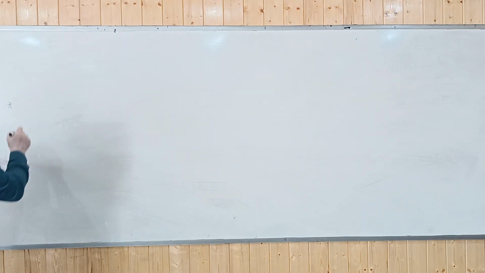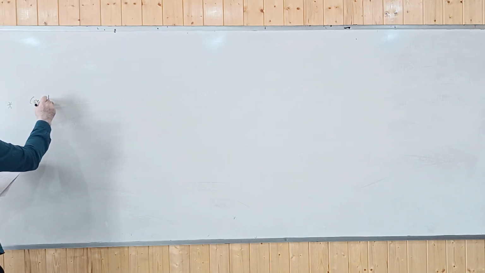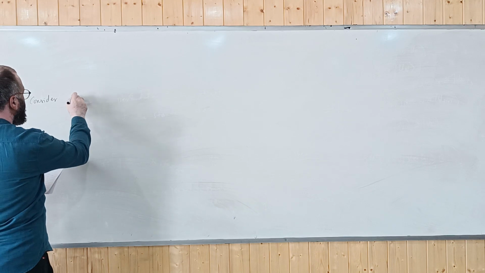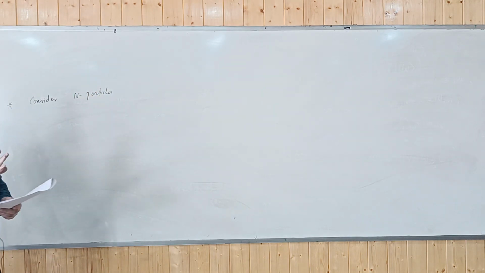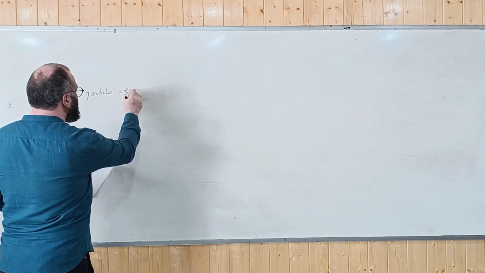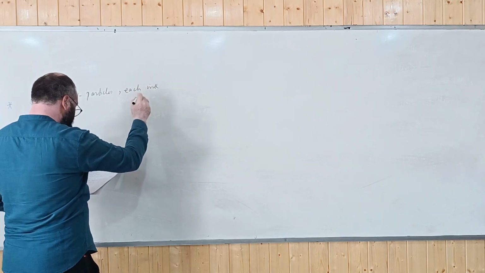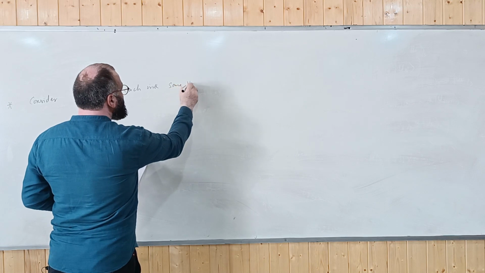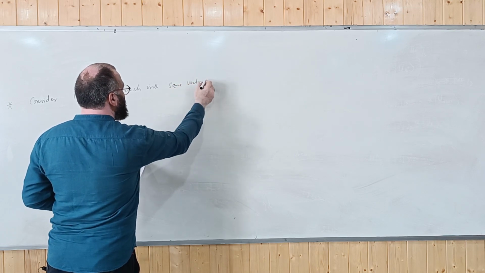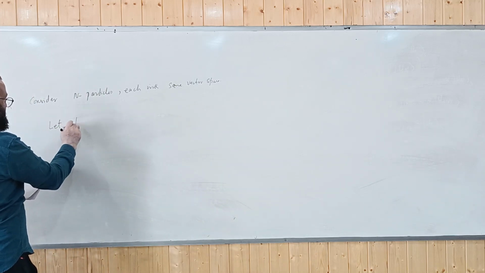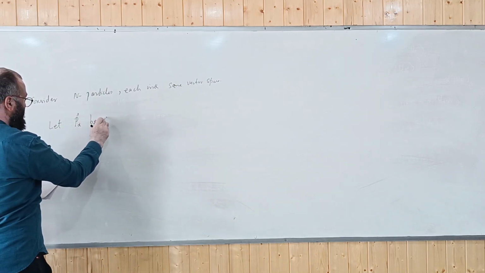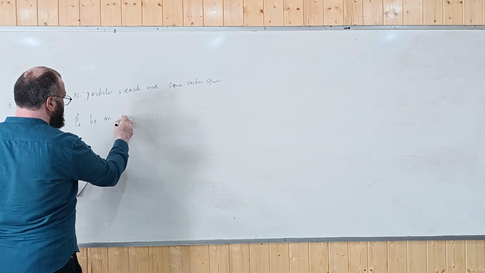So let's take, consider n particles. So you are following what I am writing here? You have followed that definition? Each with the same vector space. Clear? So I will take P alpha to be an arbitrary permutation.